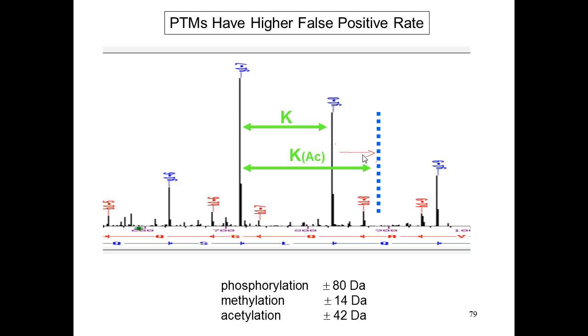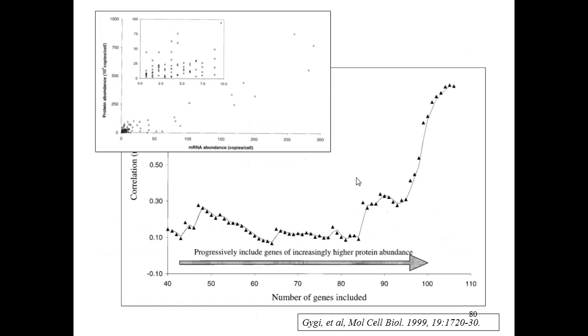In this case, the acetyl group is 42 Daltons. And we do the analysis with acetylation and without acetylation. If including an acetylated lysine helps us explain more of the data, we will conclude that the lysine is in fact acetylated.